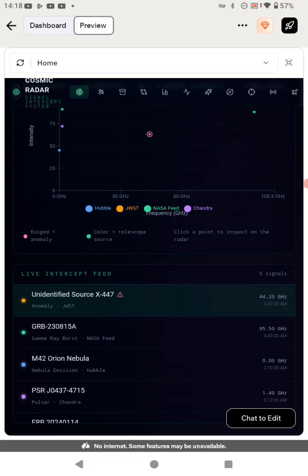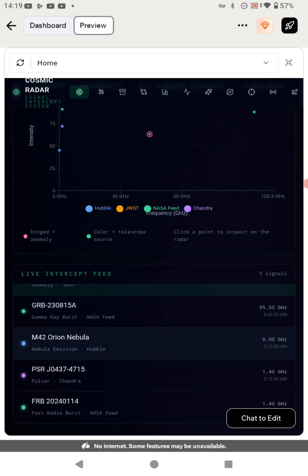And the nebula is a star that has been named in another constellation. Then we got a PSR J04374175. That's the pulsar. And FRB 2024014.